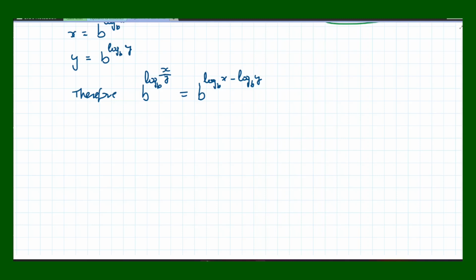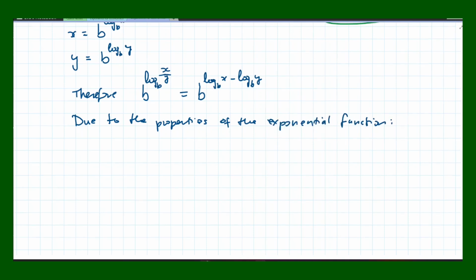But for now, we just have to make do with this little cheeky sentence that due to the properties of the exponential function, we can conclude that log base b of x over y is equal to log base b of x minus log base b of y. And again, I haven't used a specific base, I haven't used a specific argument, so this is not an example anymore. This is a formal mathematical proof.